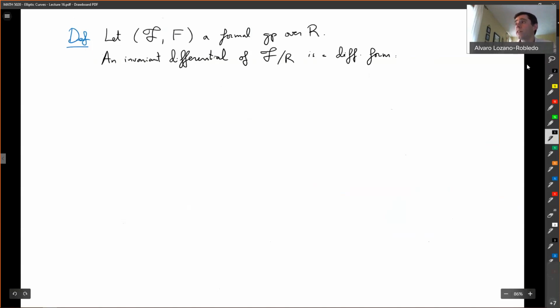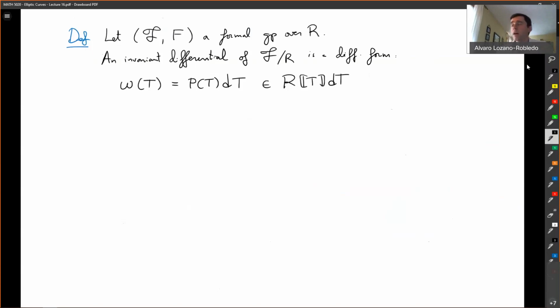So essentially a symbol, which is just a power series times the symbol dt.